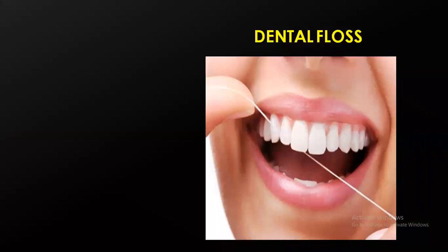A dental floss is simply a string that is used to remove the remains of food particles that may have gotten stuck between your teeth. So that piece of string is called a dental floss, and the act is called dental flossing.